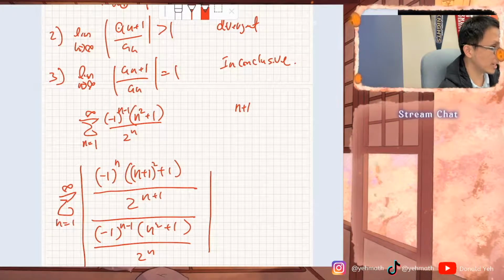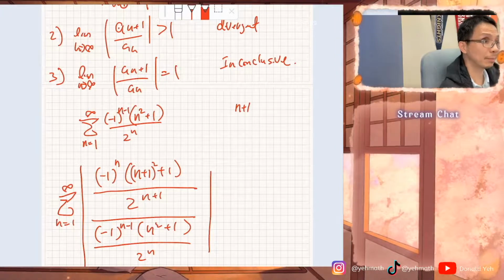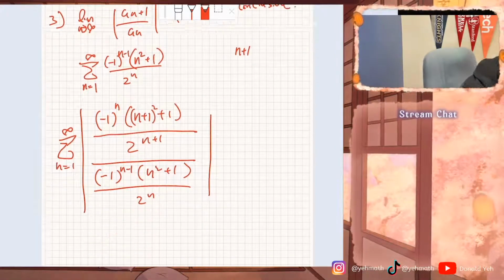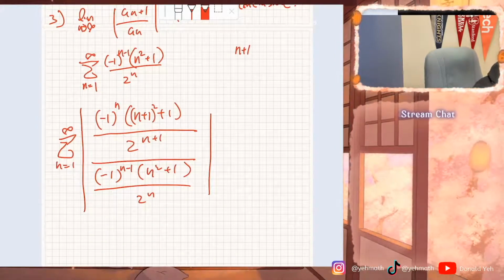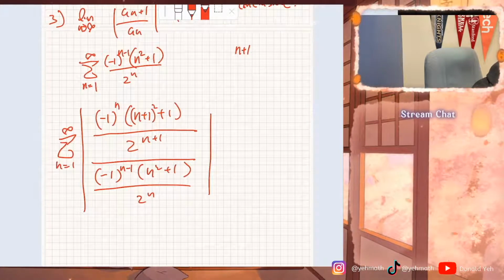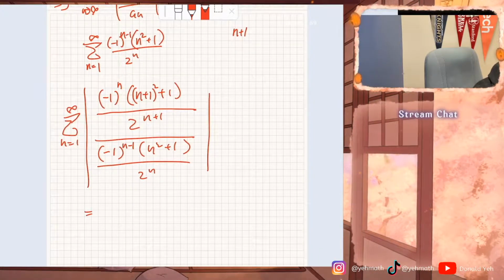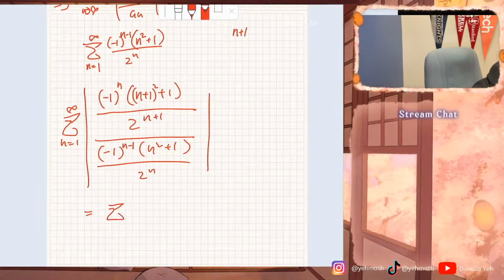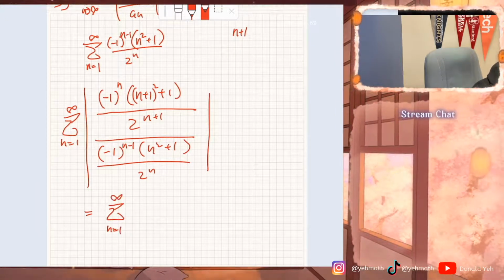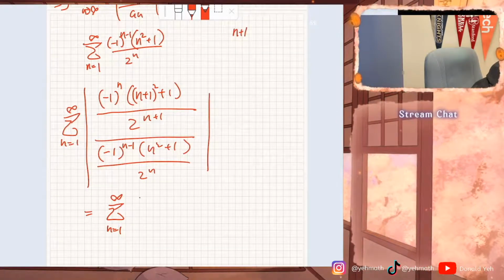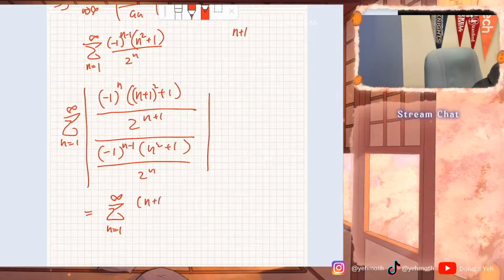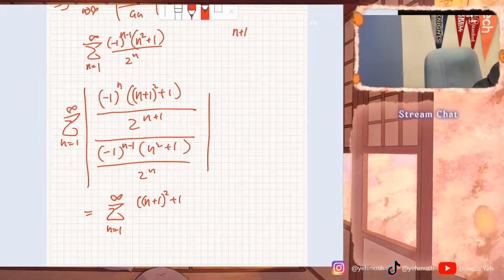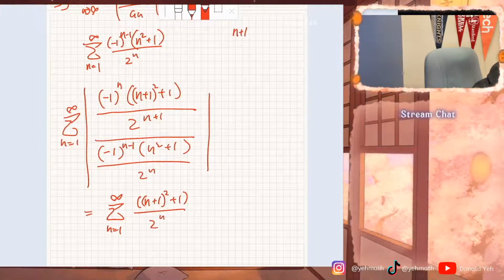All the negative terms just kind of disappear. So then can I just do this? It'll be equal to the summation of n equal to 1, where the -1 goes away, and then I'm going to have n plus 1 squared plus 1 over 2 to the n plus 1.